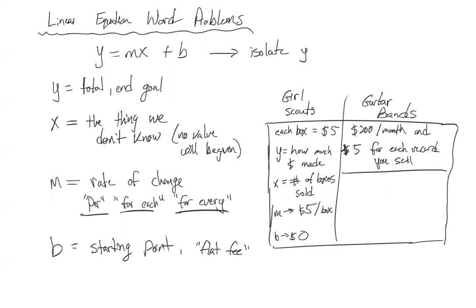Here, y is the total money they get paid for a month, right? X is what we don't know. That's going to be how many records they sell.